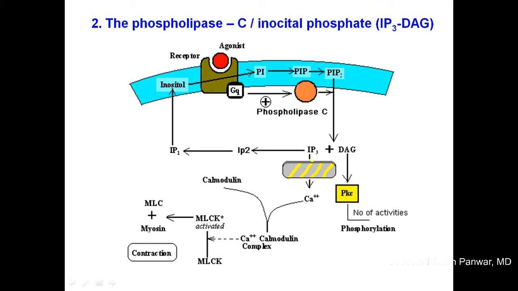While the increased concentration of calcium leads to binding with calmodulin, a protein. So a calcium calmodulin complex is formed. This complex causes activation of myosin light chain kinase. This activated myosin light chain kinase ultimately causes binding of myosin light chain with myosin and leads to contraction. So in this way, an agonist contributes to the elicitation of a particular response.